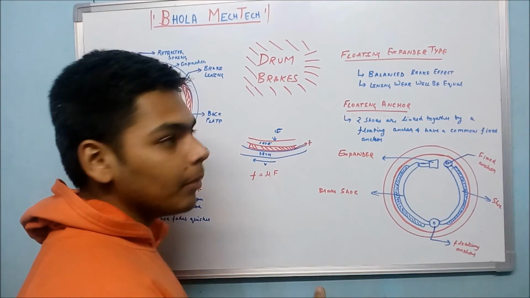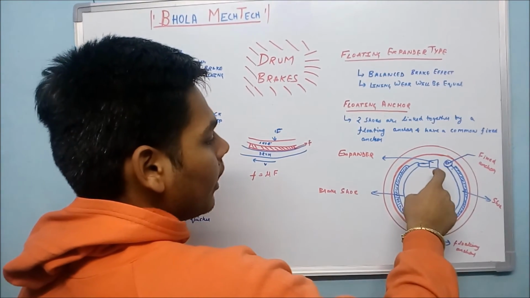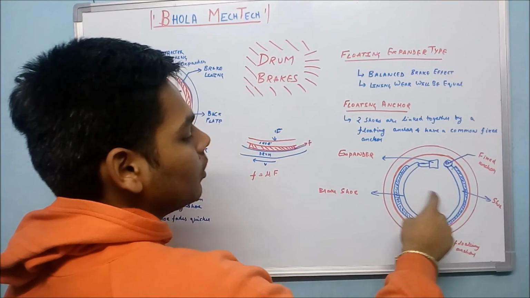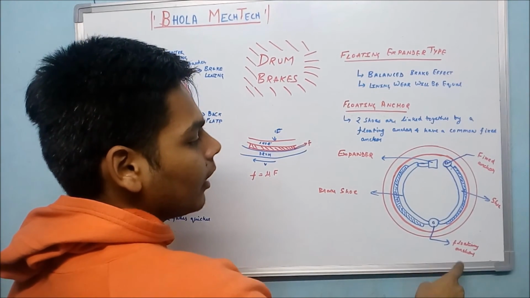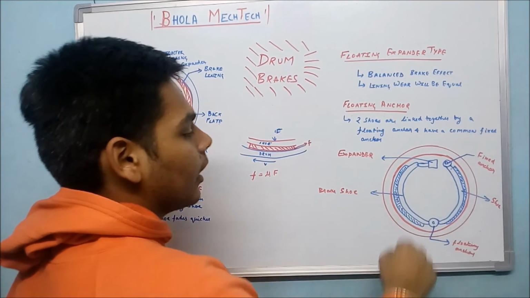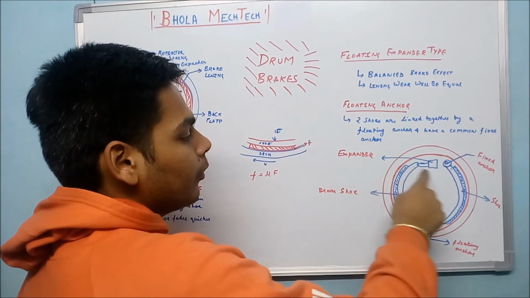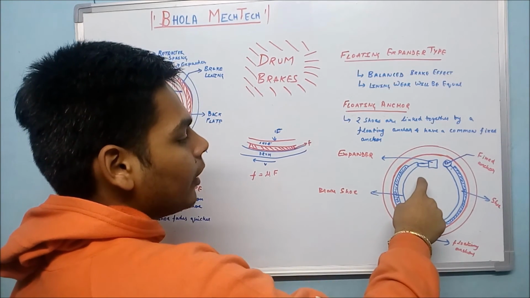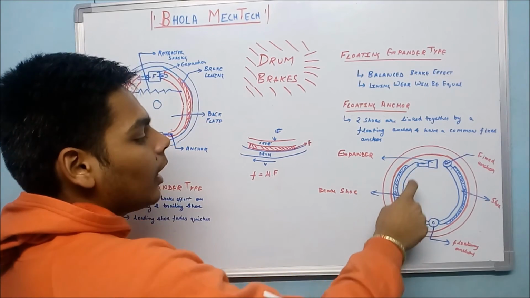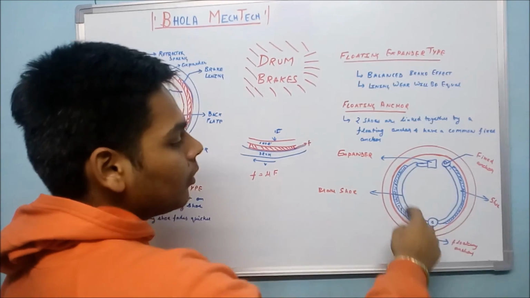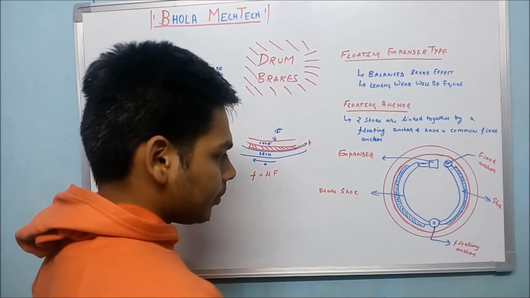Floating anchor type drum brake. In this, both of the brake shoes will be linked together by a floating anchor and will be fixed to the back plate by a fixed anchor. The expander will exert force from one side, and the actuator will apply force on only a single brake shoe.